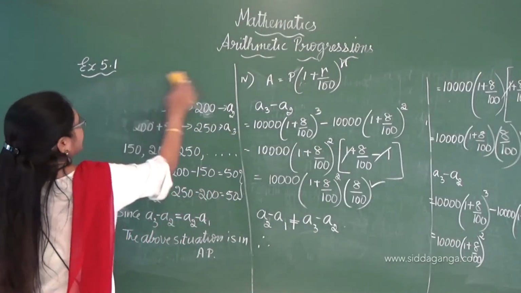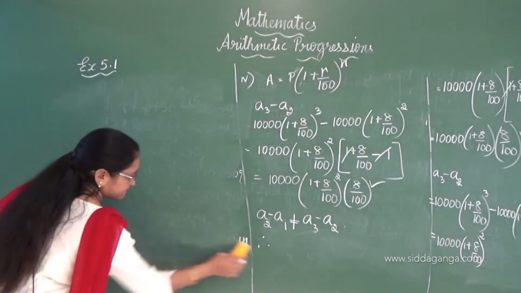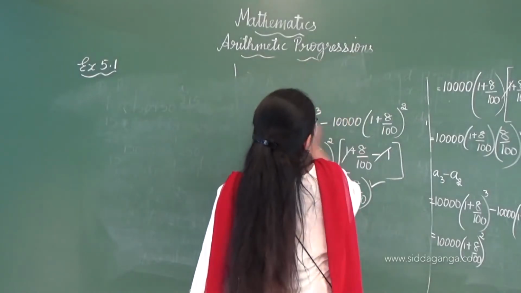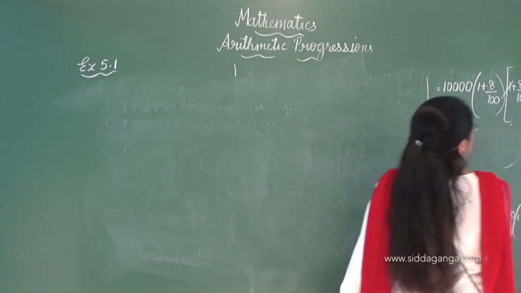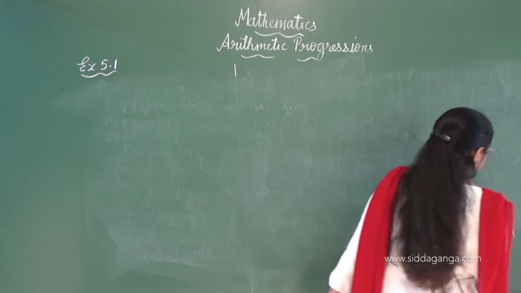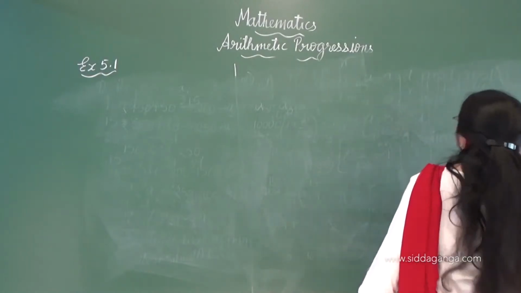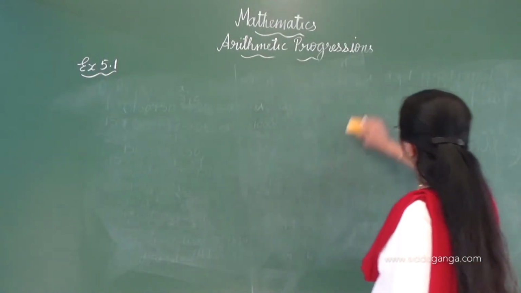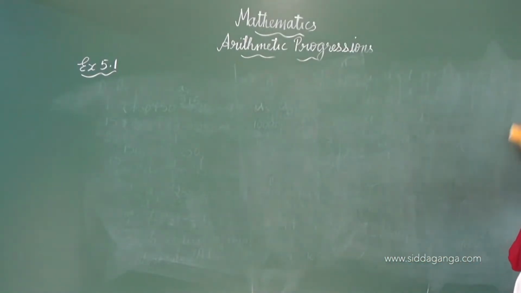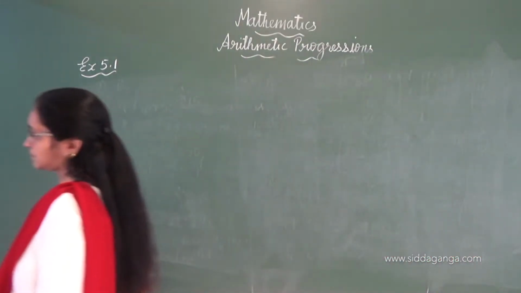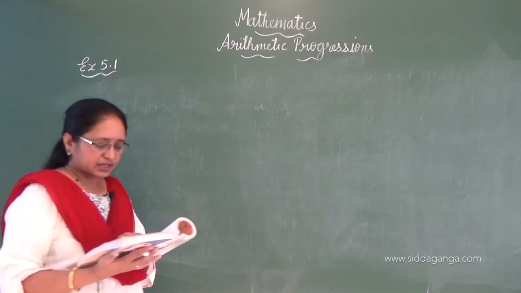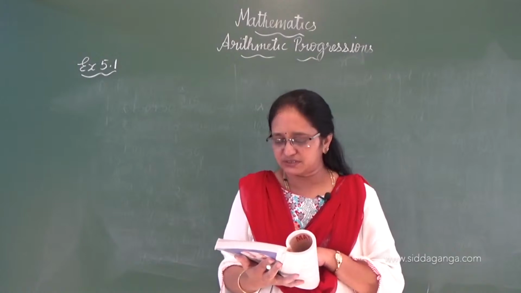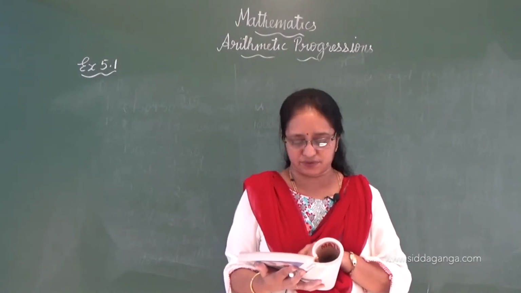So second main. Now second main: write the first 4 terms of an AP when the first term A and the common difference D are given below.